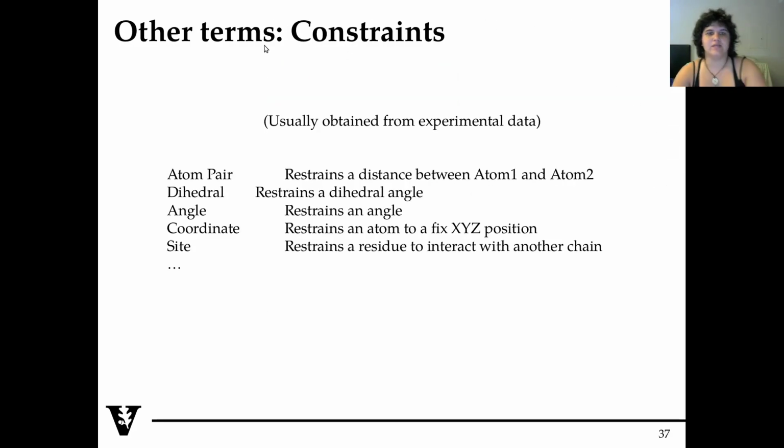Then other things that we want to implement in the score function are the constraints. Usually we have experimental data that tell us, for example, we know these two atoms are at this exact distance, and we want to include this information in the calculation that Rosetta does.